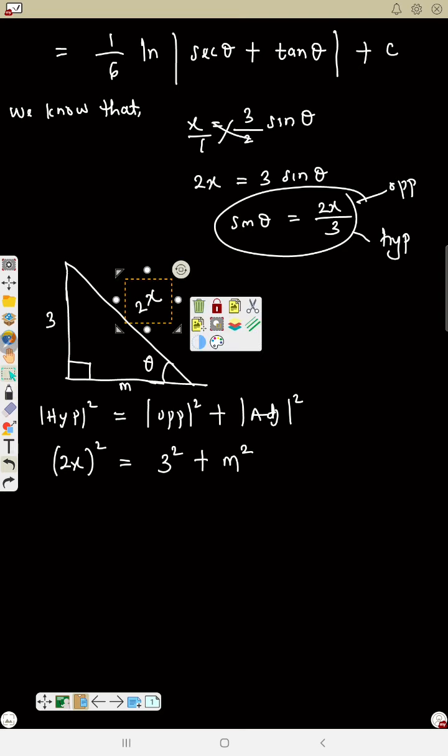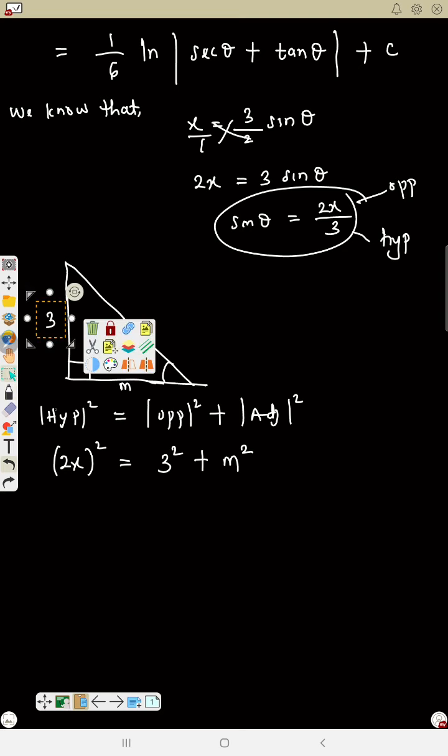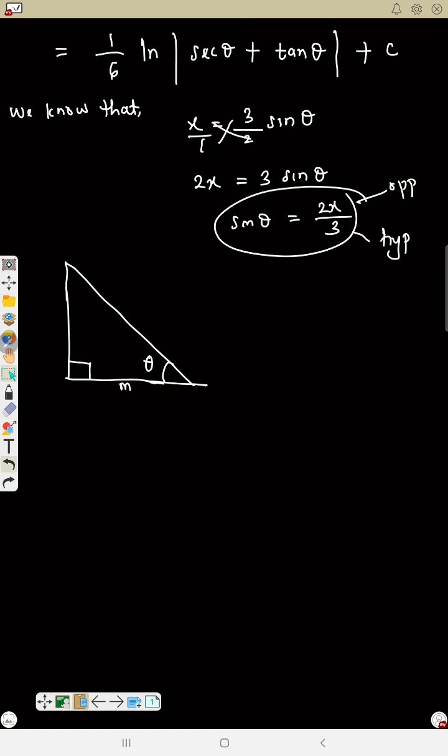Excuse me, this opposite is not 2x. Let's correct that. So call the adjacent m. Then you can see opposite is up, that is 2x. Hypotenuse is down, that is 3. That means I should have opposite, that is 2x over hypotenuse 3. So it's correct now. I can now use my Pythagoras theorem.